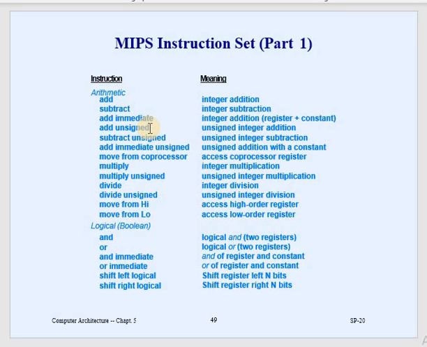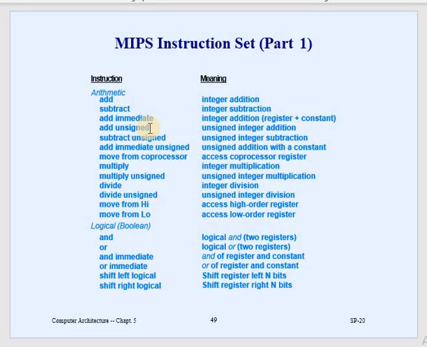Multiply means integer multiplication, and multiply unsigned means unsigned integer multiplication. Divide means integer division, and divide unsigned means unsigned integer division.